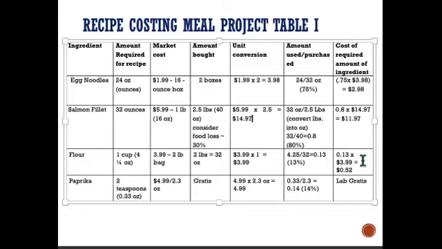So I'm only using 13% of that 2-pound bag. If it costs me $3.99 and I'm only using 13%, then the cost of the flour that I'm using for my recipe is 0.52.